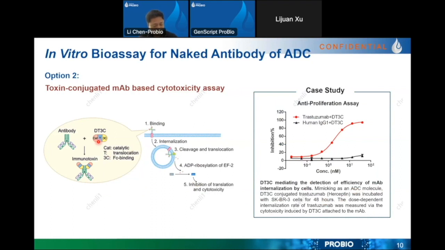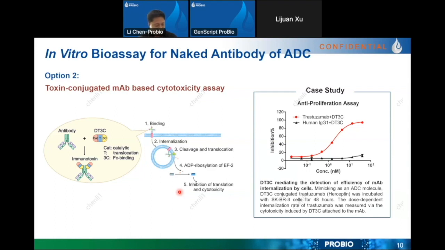Unlike typical toxin molecules, DT3C can associate with the Fc region of antibody through non-covalent interactions. After association with antibody, the whole complex will be taken up by the target cell, leading to the release of DT3C toxin, which results in the cell killing.